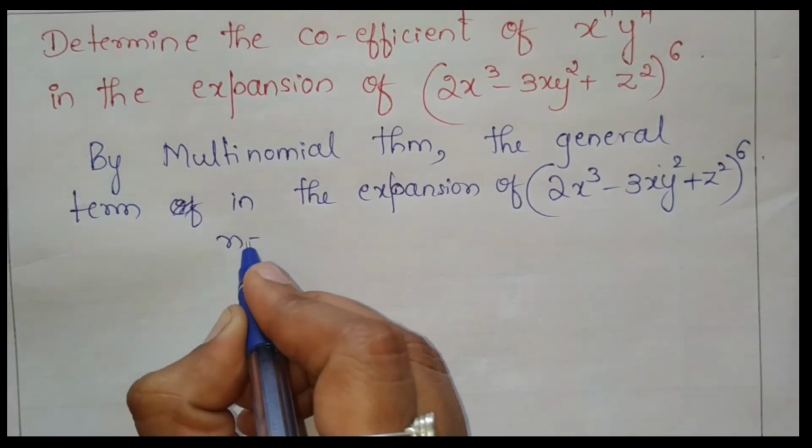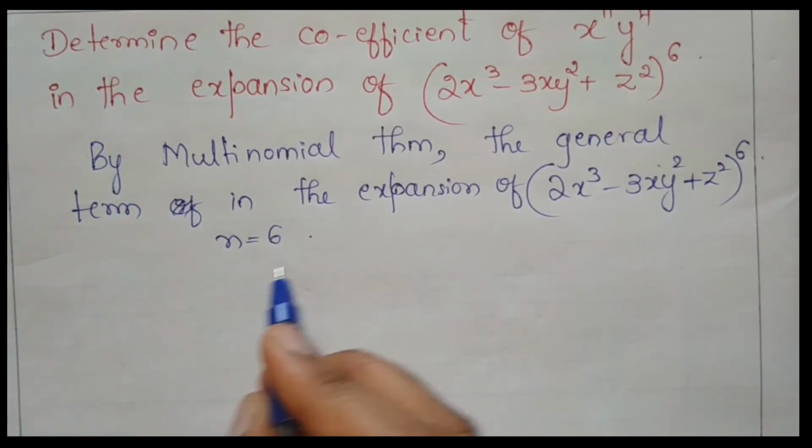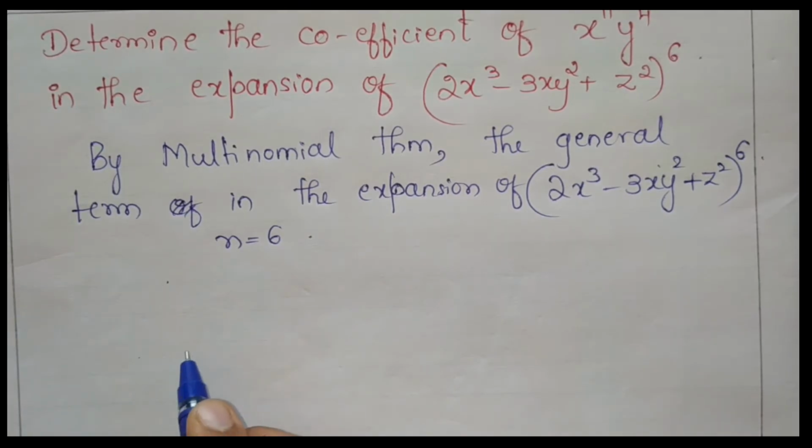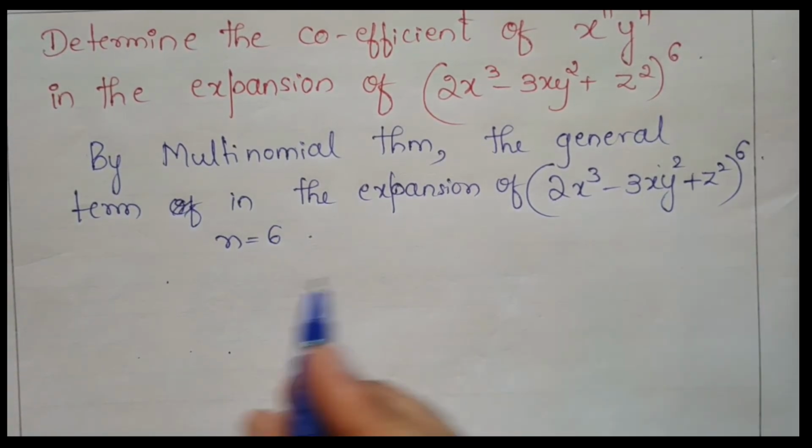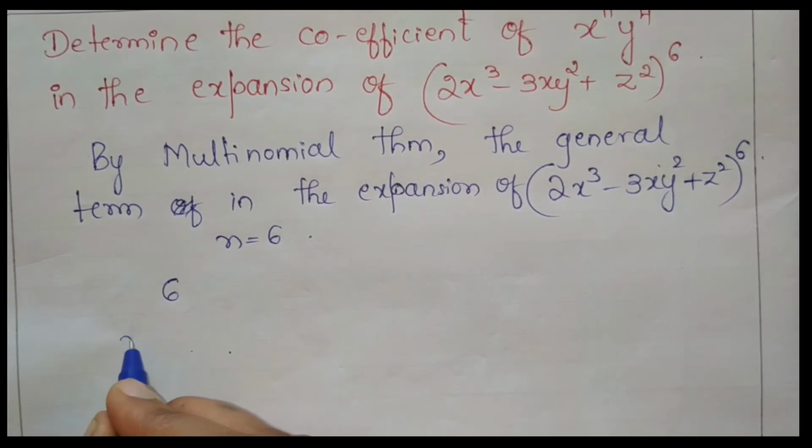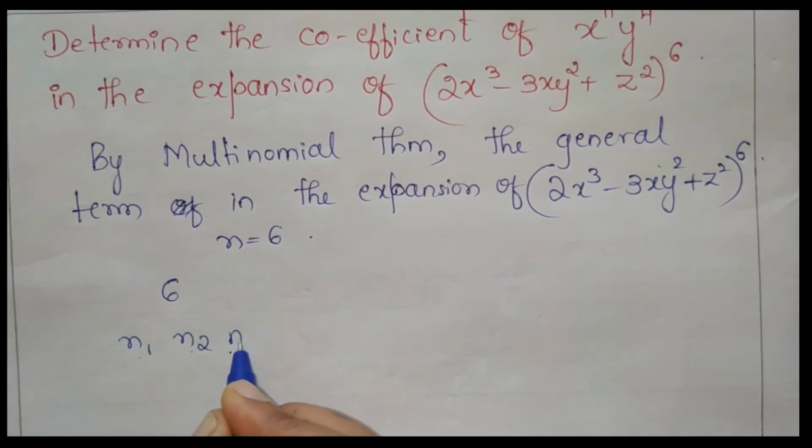So here n is equal to 6. Therefore general term is what? n, n1, n2, n3. So here 3 terms are there. So n is 6, n1, n2, n3.